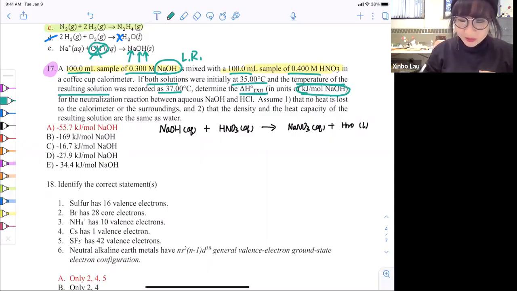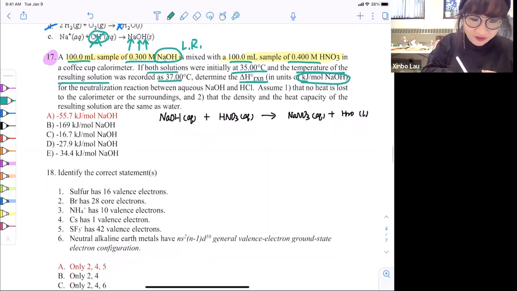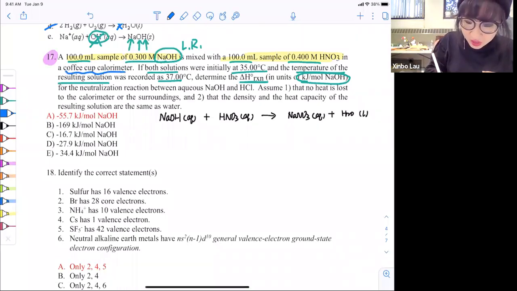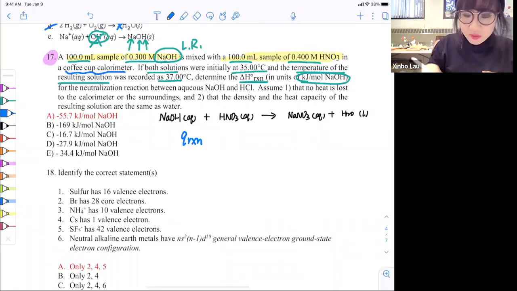Now let's think about this question. It's a coffee cup, so clearly that's a coffee cup calorimeter. Then we have Q of the reaction, which is the reaction between sodium hydroxide and nitric acid.